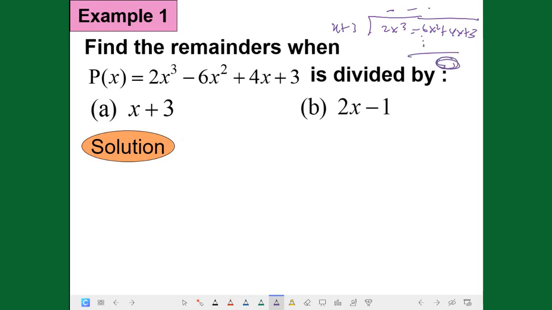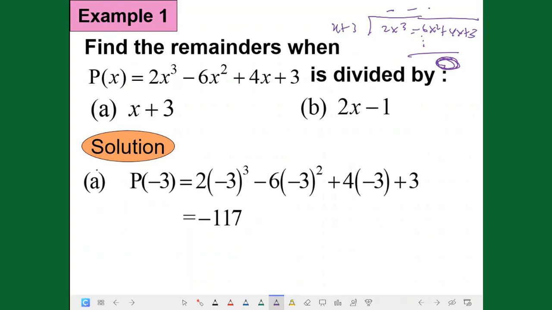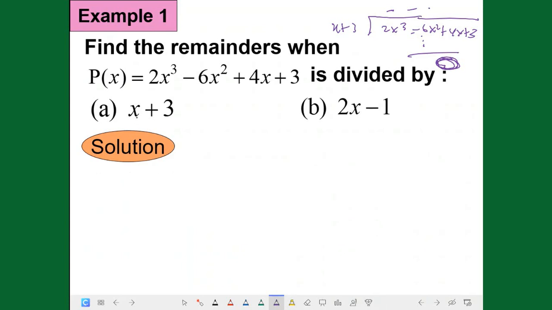Now, we are going to use the remainder theorem, so just substitute directly like this. Here x plus 3 is equal to 0, x is equal to negative 3. Substitute negative 3 for x.